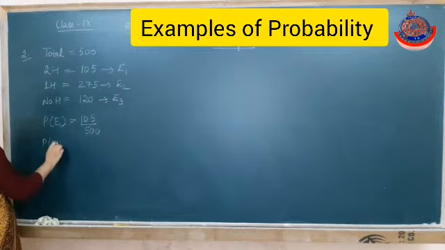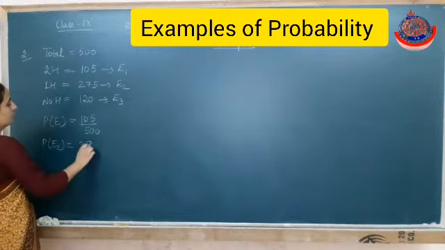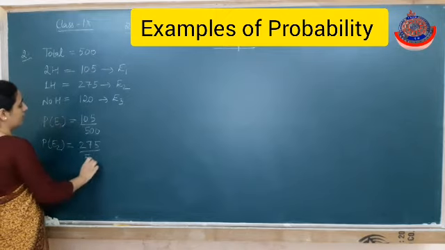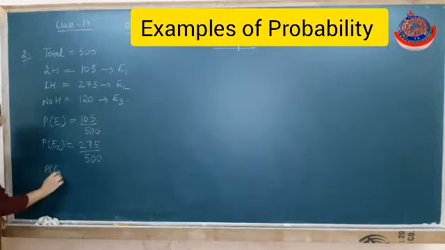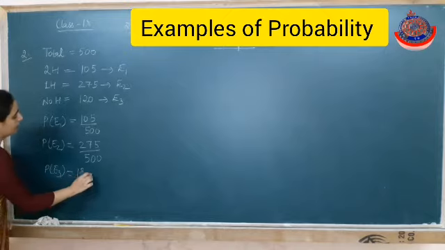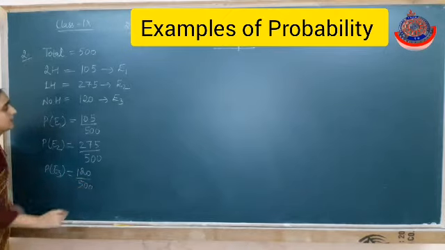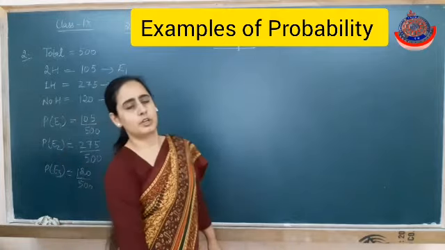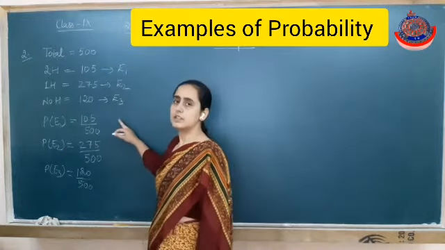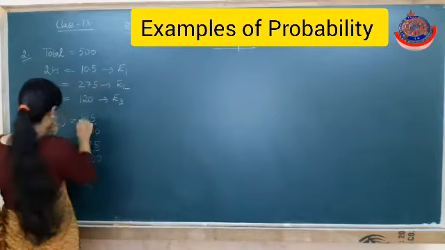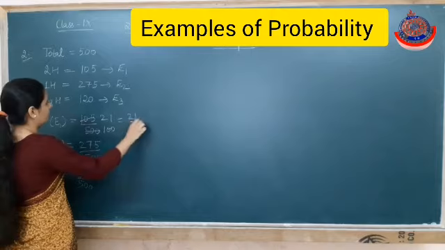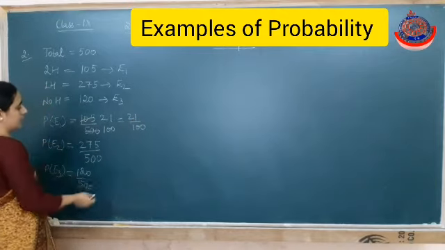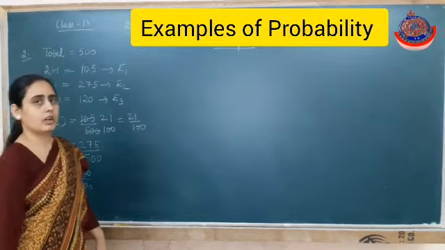Similarly for E2, it will be 275 upon 500, and probability of E3 will be 120 upon 500. See, you should not leave the answer here only, either convert it into simplified form. For example, if I cancel it, it will become 21 upon 100. Either you leave it here or convert it in decimal. Similarly, you can do for others.